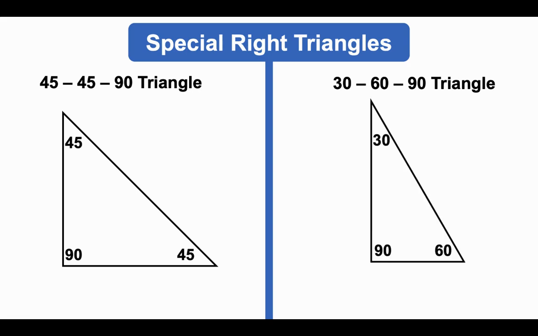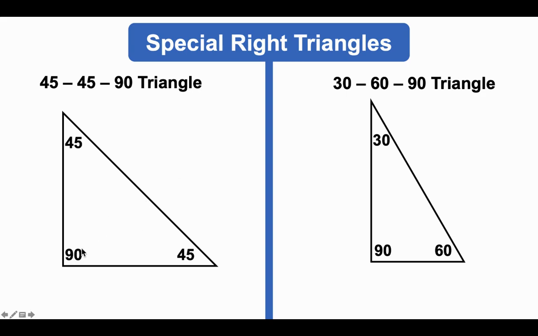So one of the first things that we want to do anytime we're working with right triangles, so that means you have a 90-degree angle, is make sure that you know what the sides are. Probably the easiest side to figure out is the hypotenuse.